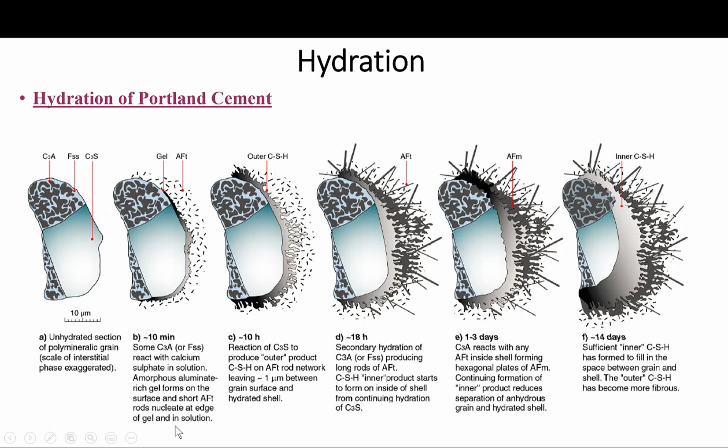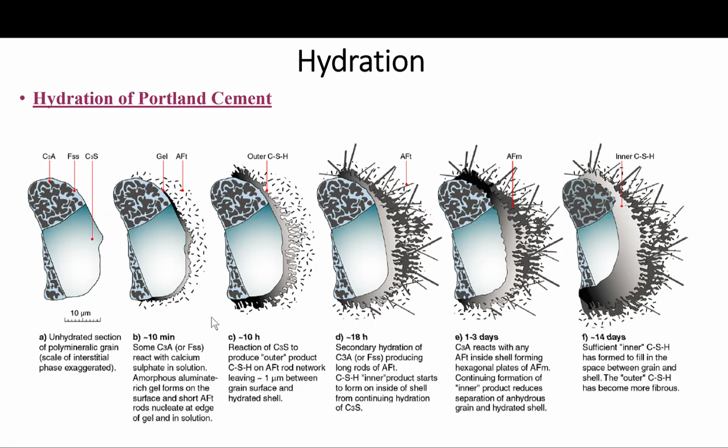The aluminum and iron phases react with gypsum to form an amorphous gel at the surface of the cement grain. Okay? And short rods of ettringite grow, as you can see here, these short rods and this thin layer of the amorphous gel that takes place. Okay?